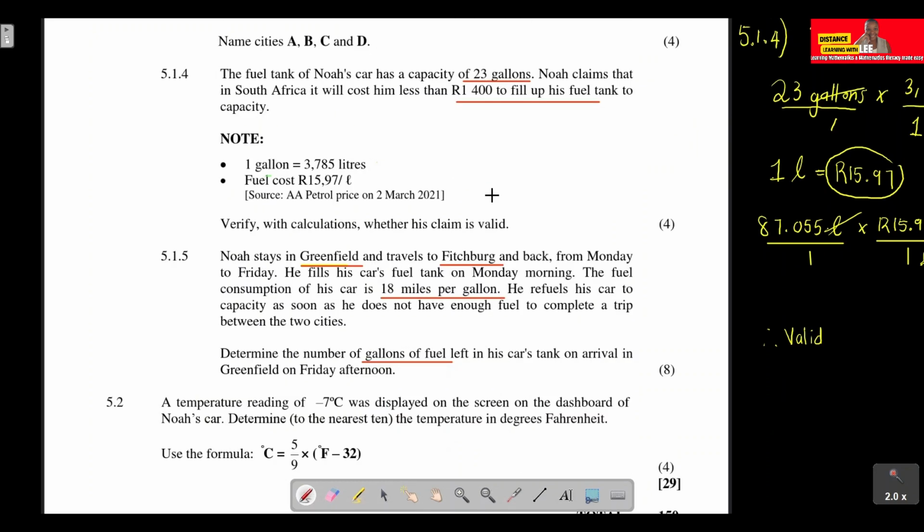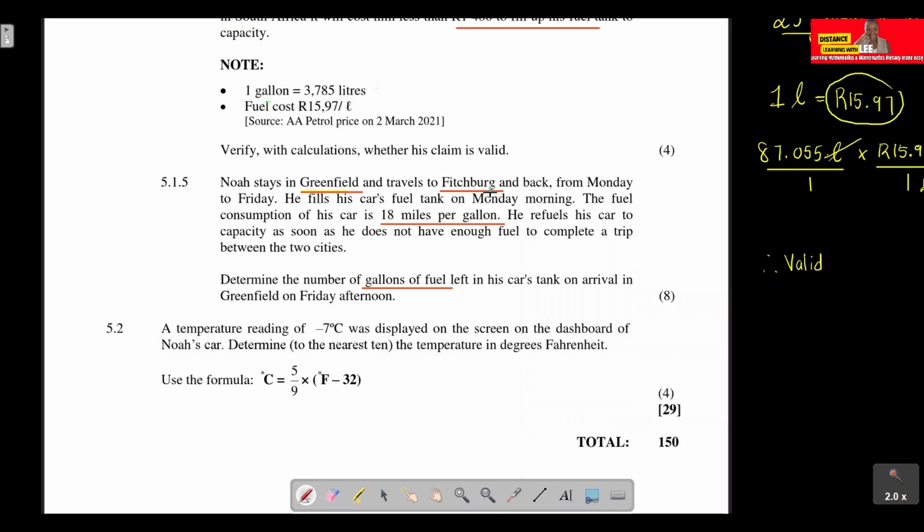From these 23 gallons, we want to determine how many miles that fuel can cover, and we are given the rate that can help us calculate the miles. We are told that the fuel consumption of his car is 18 miles per gallon.